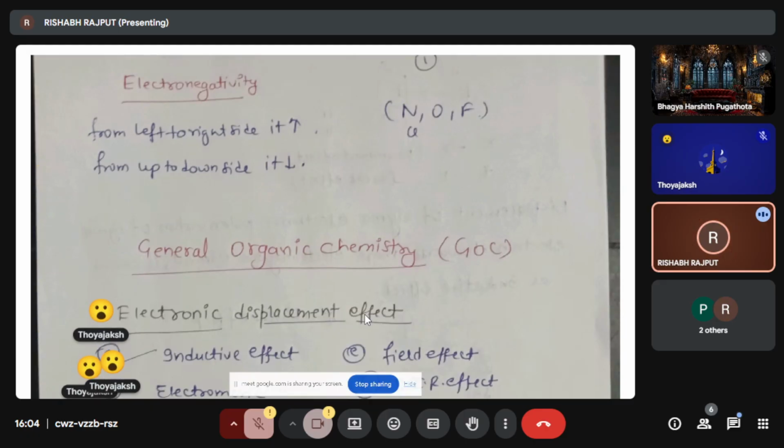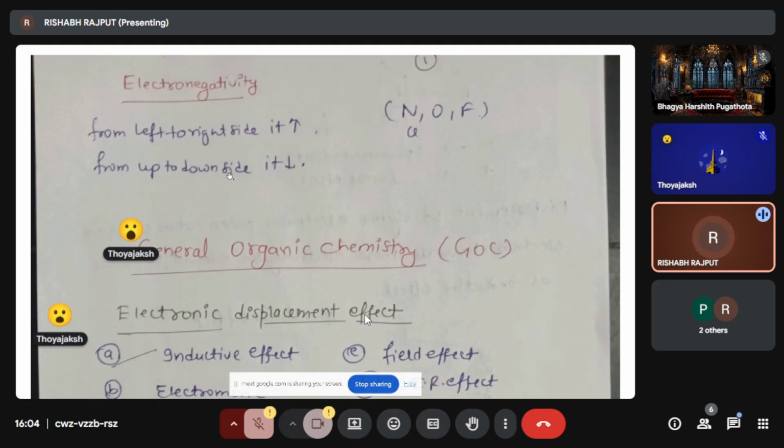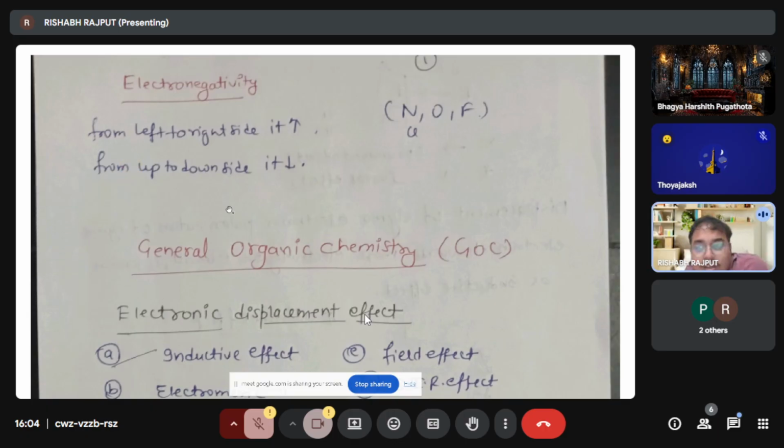That is why I am teaching this topic. Don't worry, I will finish this chapter very fast. Then I will start alkanes. So guys, my voice is clear? Now I can start.